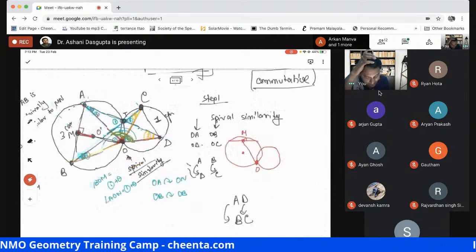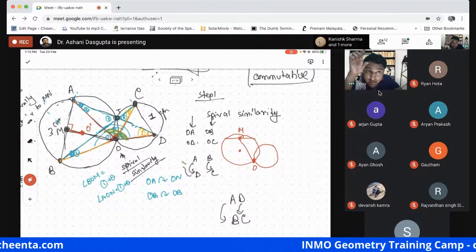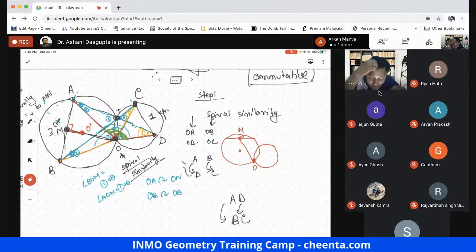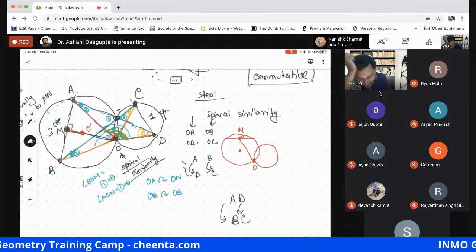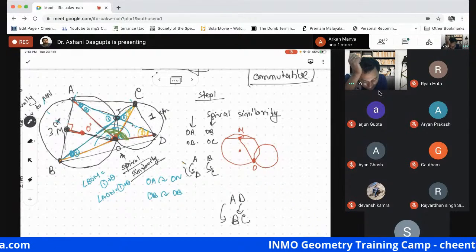Why is that? Well, how can you show that this is happening? A goes to B and D goes to C. So essentially AC is being sent to BD.